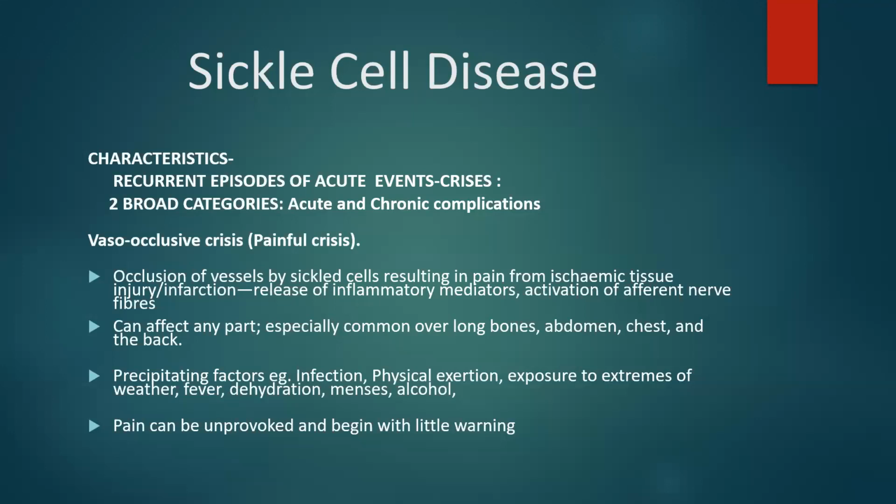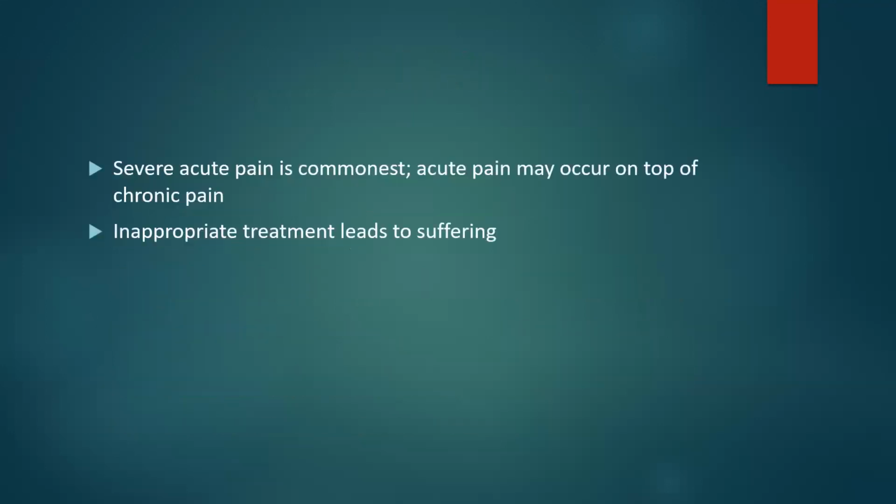So the pain may be unprovoked and may have no warning signs. The pain may be mild, moderate, or severe, and this will help us to know the management. Under-rating the severity of the pain may lead to under-treatment of the patient.